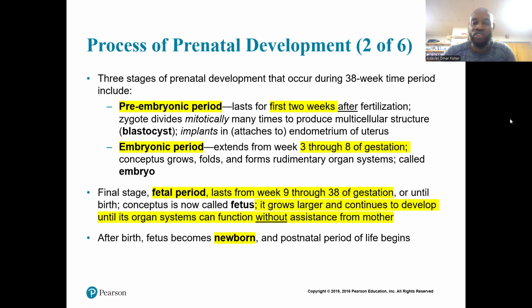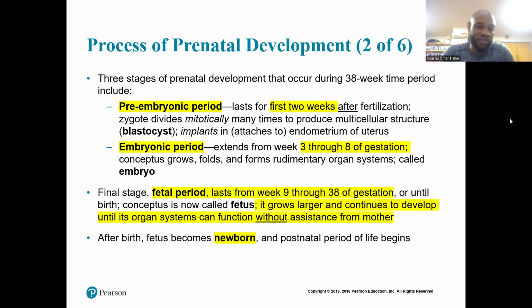That is pre-embryonic, and then we have embryonic from week 3 through 8, the embryonic period. The conceptus grows, folds. Remember, it has all the DNA that it needs. It basically is just growing. Folding forms rudimentary organs. Now it's called an embryo.